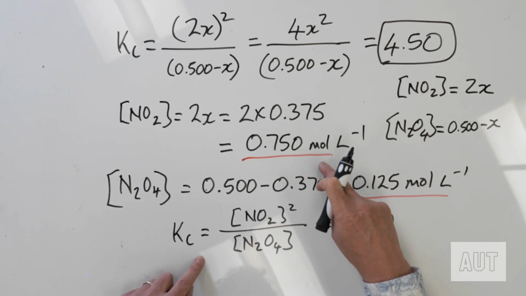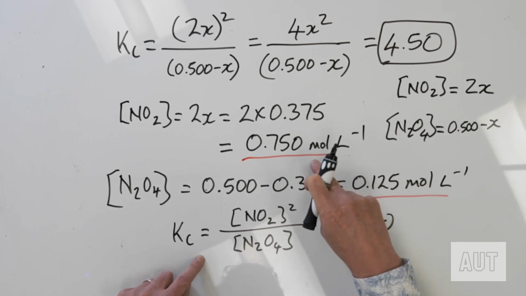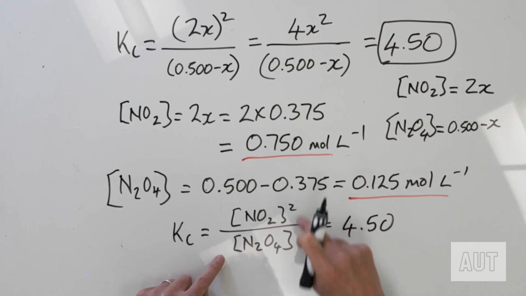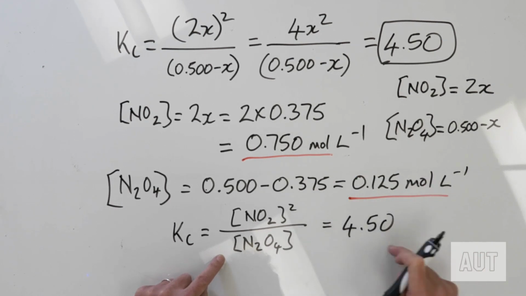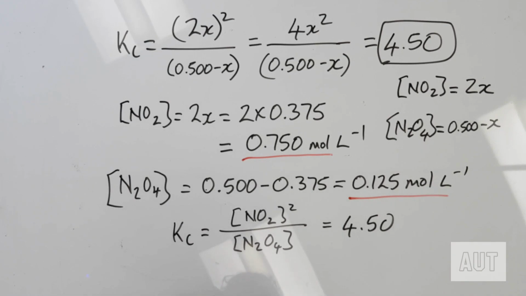Hopefully, if I've done my calculations right, you then get an answer of 4.5, which means you've done everything correctly. Your Kc value is exactly as it should be. And there you go.